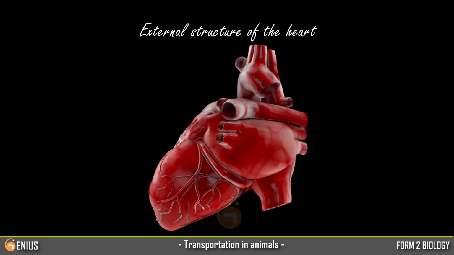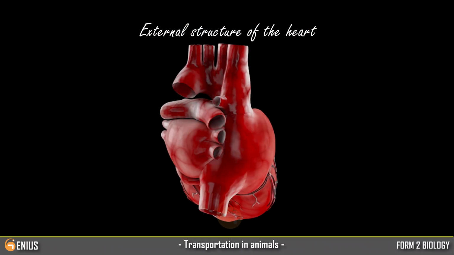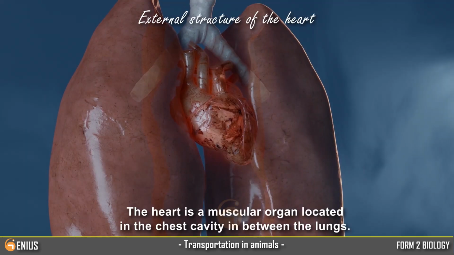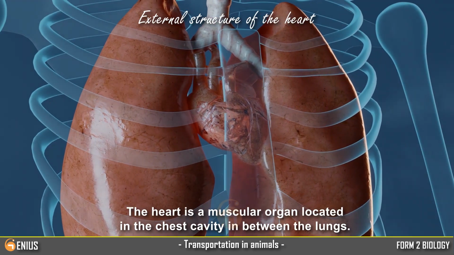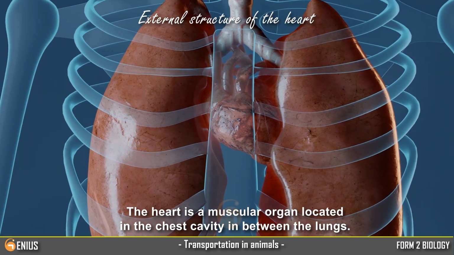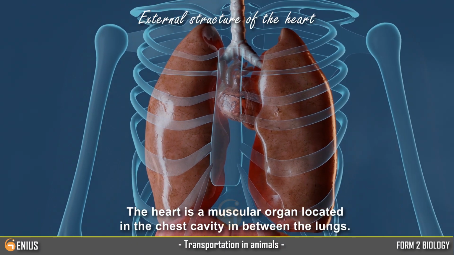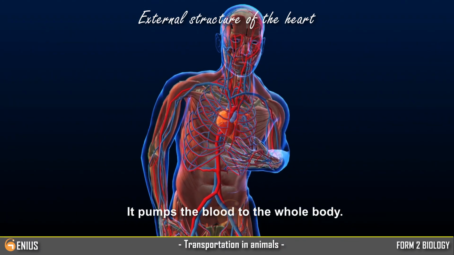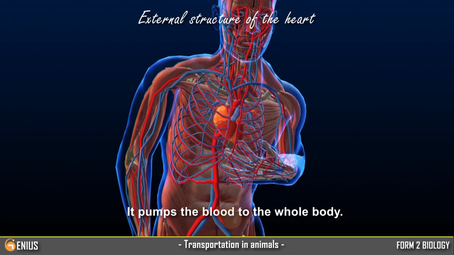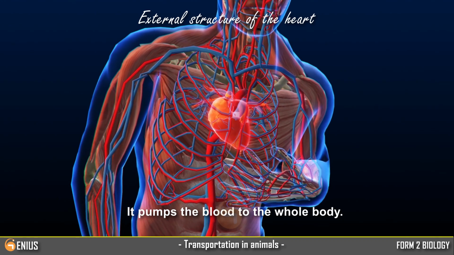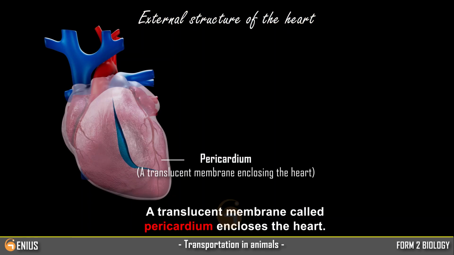External structure of the heart. The heart is a muscular organ located in the chest cavity in between the lungs. It pumps the blood to the whole body. A translucent membrane called pericardium encloses the heart.